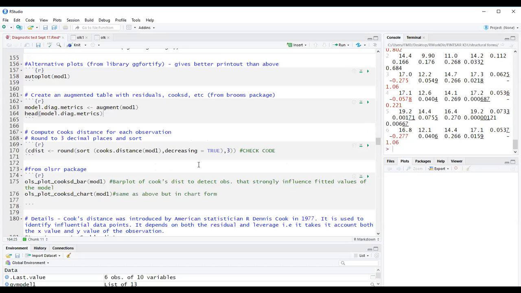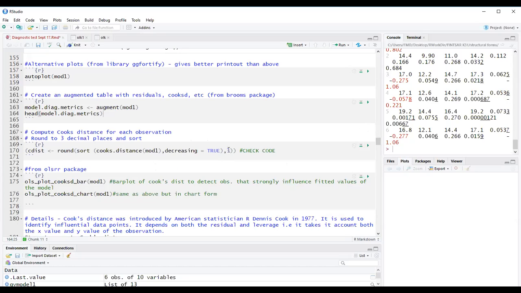Okay. All right. So ito naman guys, pareho lang to. It's just the same. I'll run this. Dito, we create an object called Cook's dist. Isusort niya si Cook's distance ni model 1 decreasing. Ang ibig sabihin nun, decreasing from the highest to the lowest. Para alam natin guys kung sino yung pinakamalaking Cook's distance.